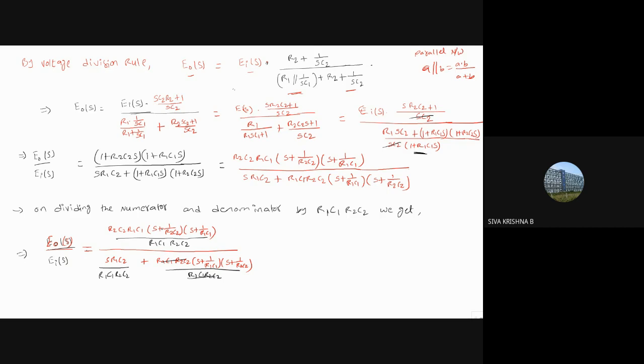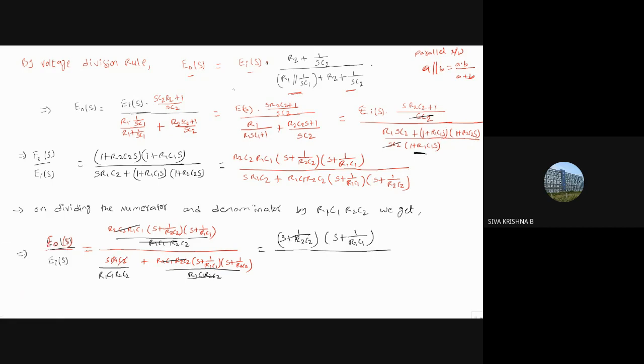Here this gets cancelled, this gets cancelled, so the remaining term is S plus 1 by R2C2, S plus 1 by R1C2, whole divided by, directly multiply these remaining terms. Are there any cancellations here?